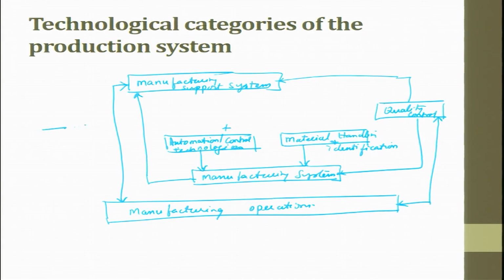So, I can divide this into two levels. This is called the factory level, and this is called the enterprise level. So, these are the technological categories of production system.